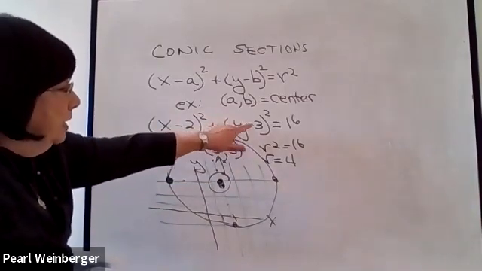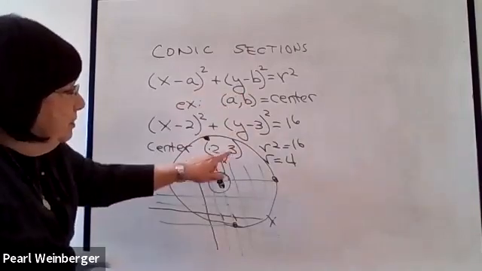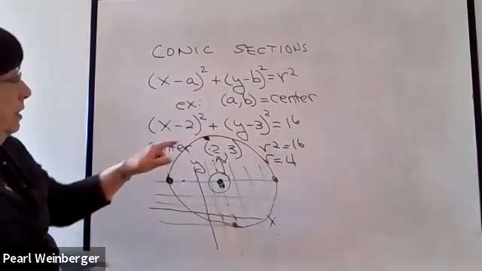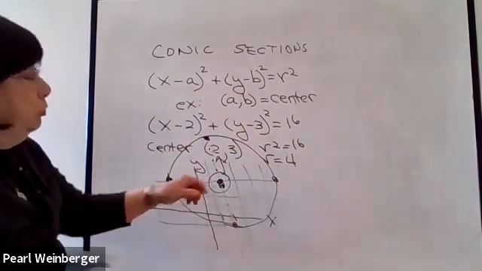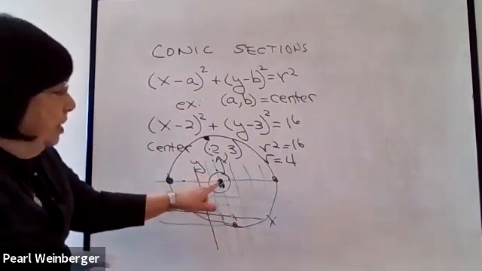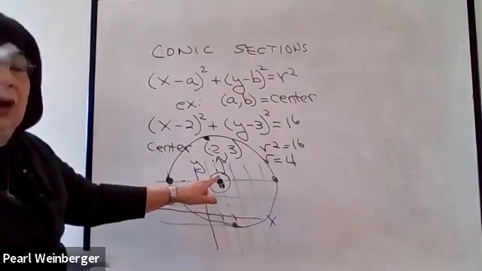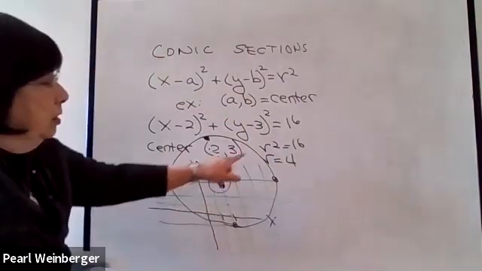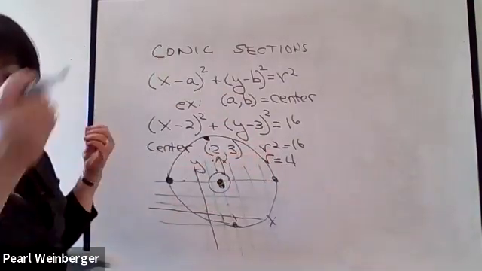Since this was y minus 3, my y center was positive 3. So I went to that point (2, 3). Again, you'd need a piece of graph paper because from that point is where you want to count the radius in all directions.